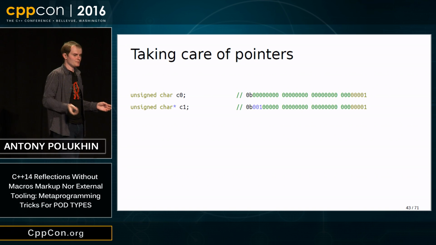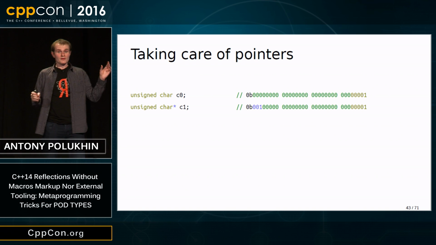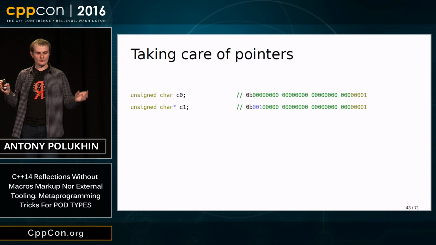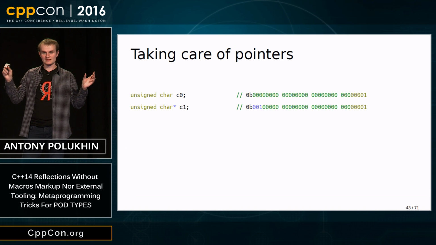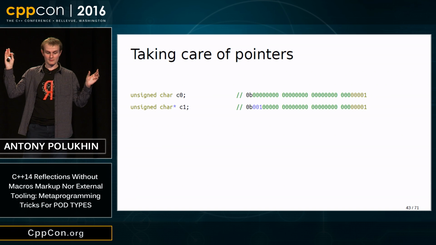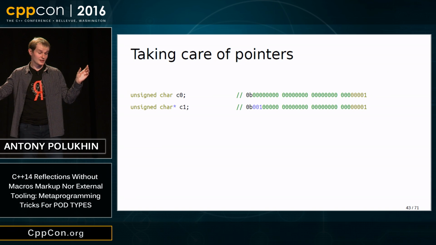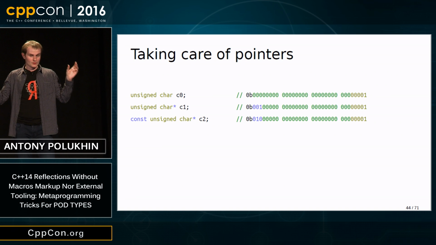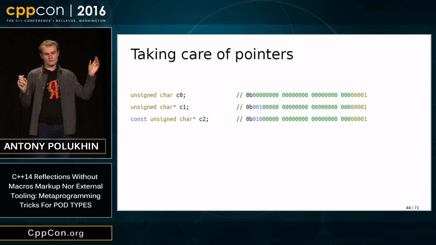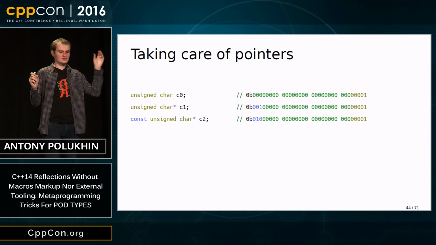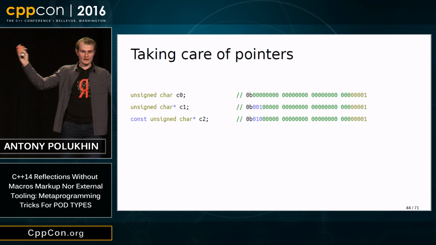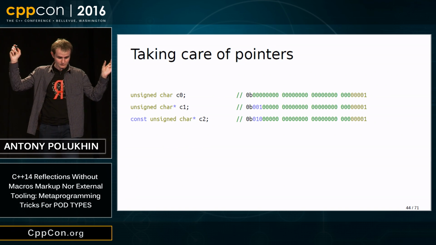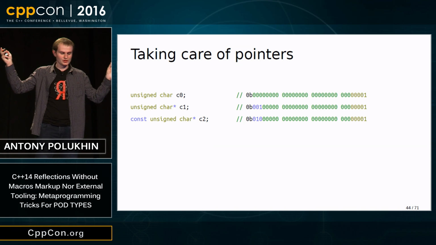If we add a pointer to our unsigned char, the most significant bits will change. Now they contain information that this is a pointer, and the less significant bits contain information that it's a pointer to unsigned char. If we change the pointer type, the most significant bits will change. Now they are telling us that this is a const pointer, and the less significant bits that it's a pointer to unsigned char.